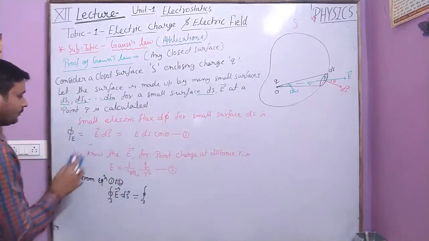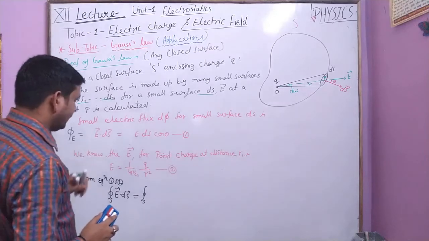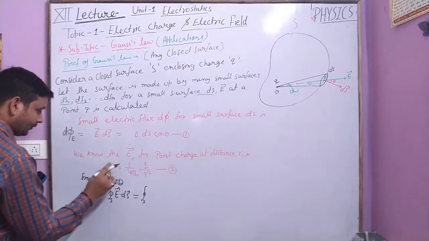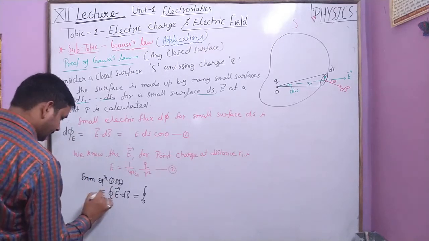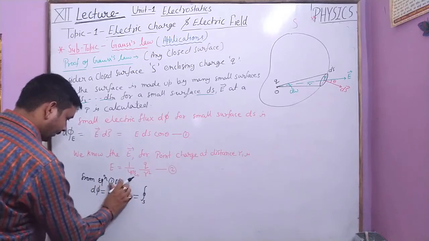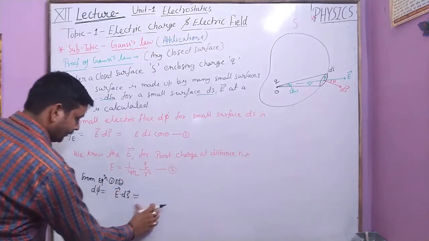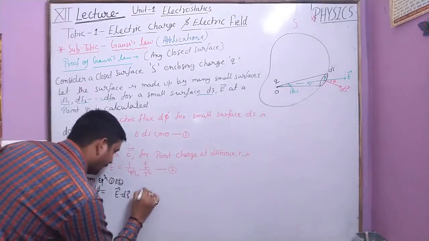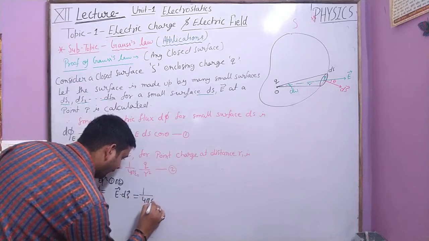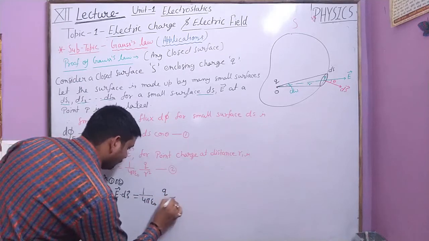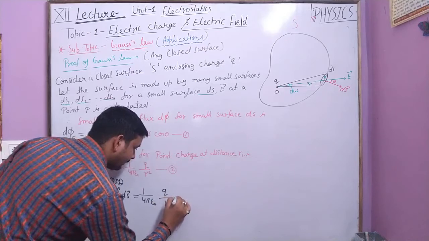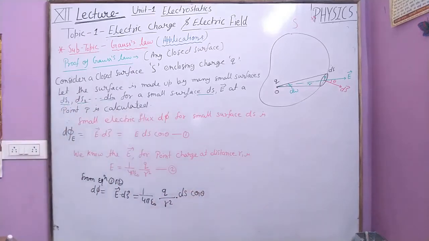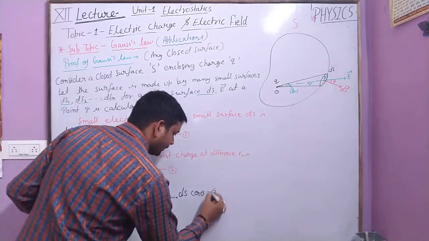Okay, this is for a small surface E ds. This we are using here d phi. Okay, this is d phi is equal to value of E by using here 1 upon 4 pi epsilon naught q upon r square into ds cos theta. Okay, this is your equation third.